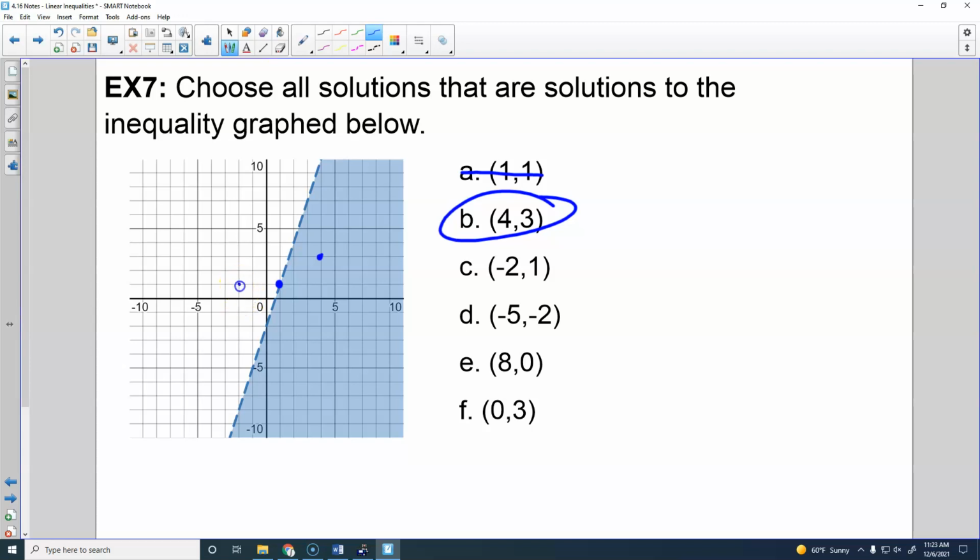Negative 2, 1, nope. Negative 5, negative 2, no. 8, 0, it's right here. Yes. 0, 3, no. So you just have B and E for that one.